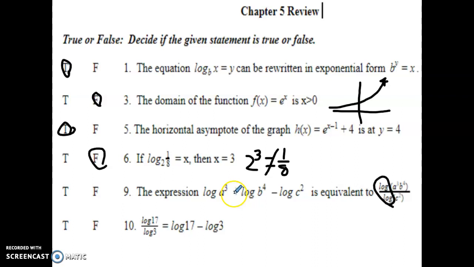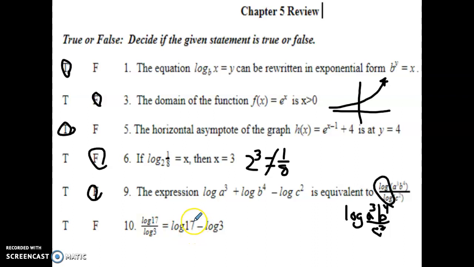The properties only say that the numbers are being multiplied and divided. So if this would have been written like this, log of a cubed, b to the fourth, over c squared, then it would have been okay.